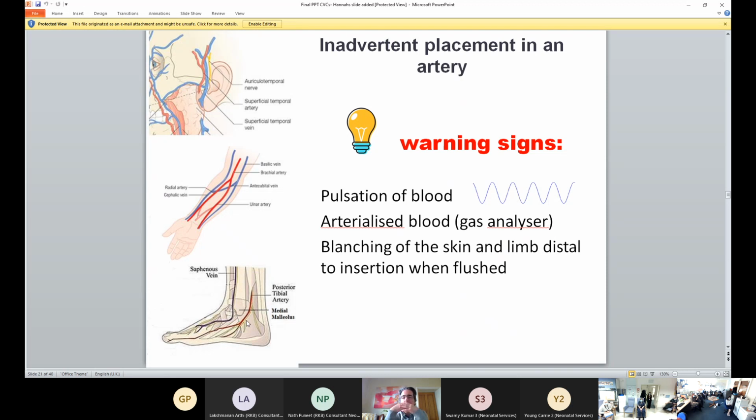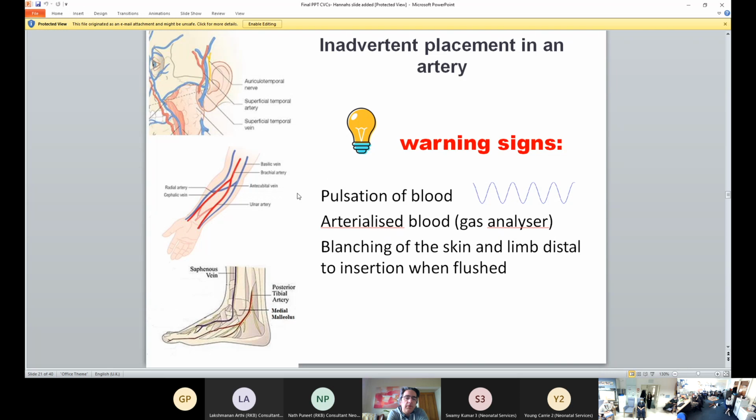The posterior tibial starts just posterior to the medial malleolus. There is a reasonable distance between them, but it happens. This complication happens. I personally saw a long line inserted in the posterior tibial artery and went through the arch of the aorta.